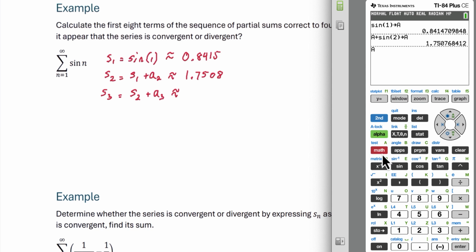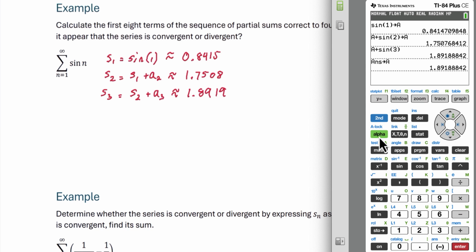Alpha A, pulling up the previous sum, plus sine of 3. We get 1.8919. I forgot to store that. Store in alpha A.